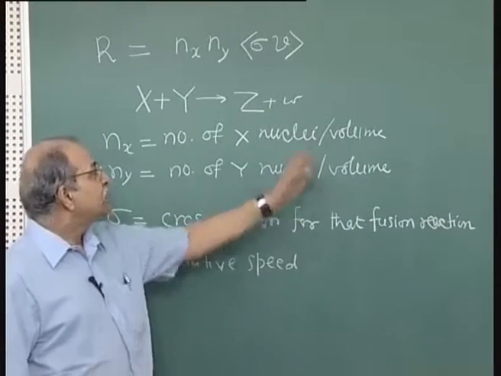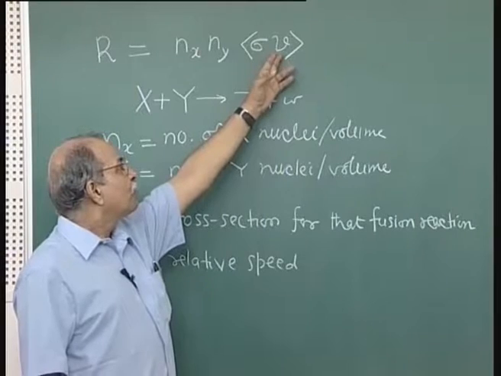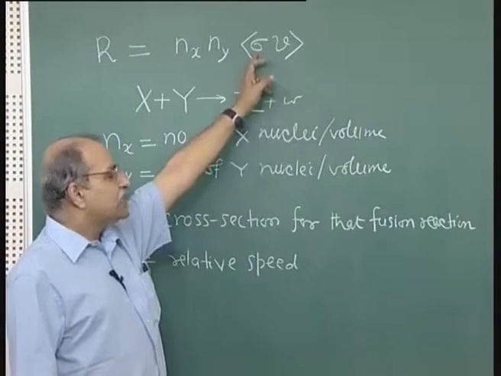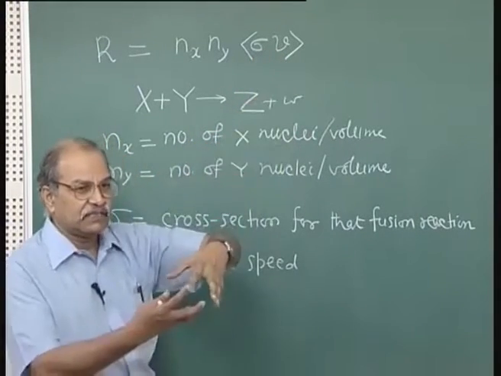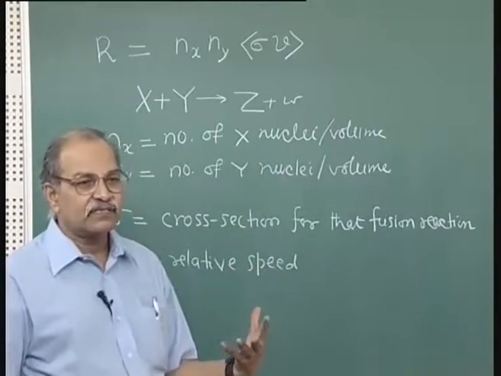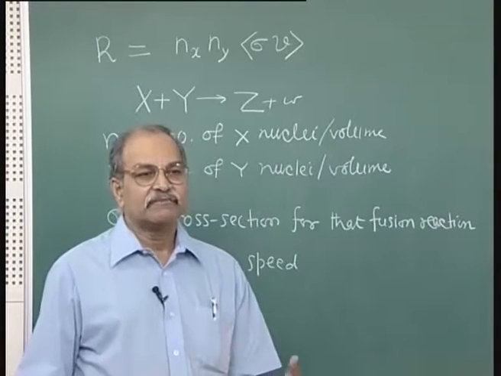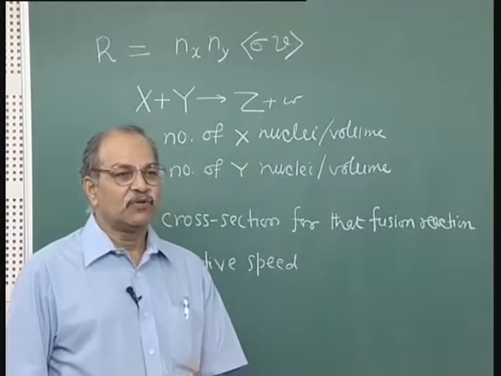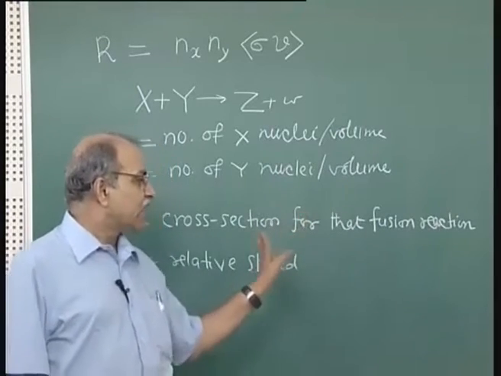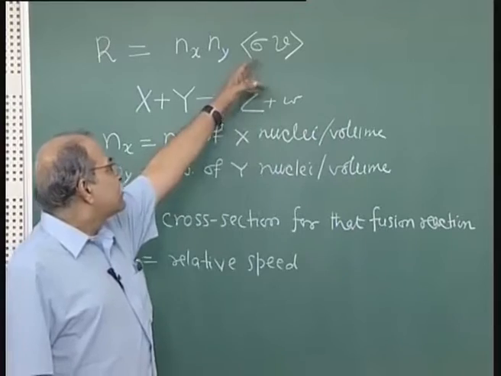First let me see how it is proportional to v. Sigma is of course directly related to the probability of that fusion reaction. So, if sigma is large, the rate will be large, if sigma is small, the rate will be small, and for all these fusion reactions this cross section is very, very small.